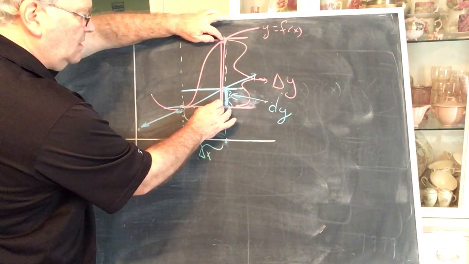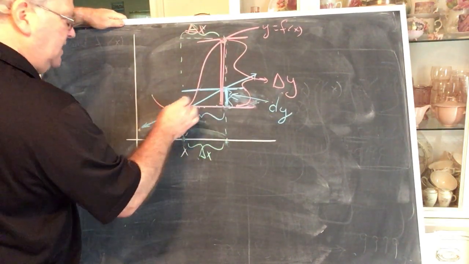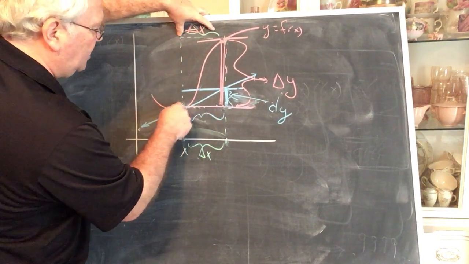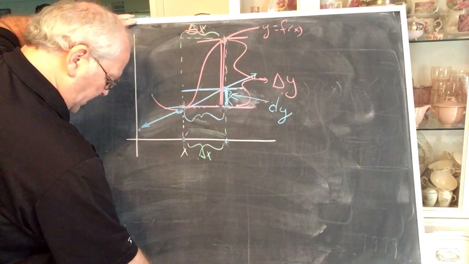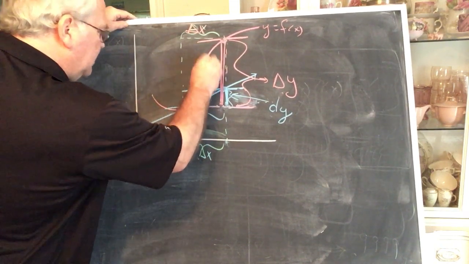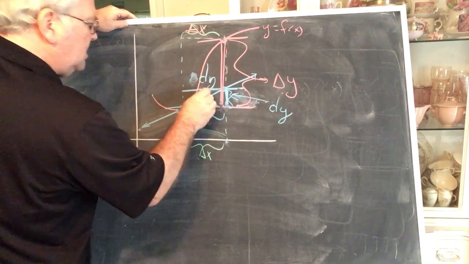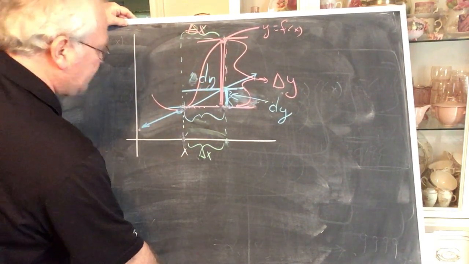Now, we introduce the same notion on the horizontal scale. Delta y represents the change in the function value, but dy represents the change in the blue tangent line value. But notice what's happening here.